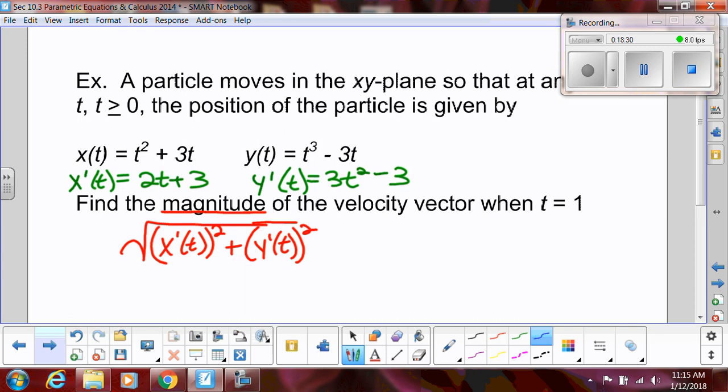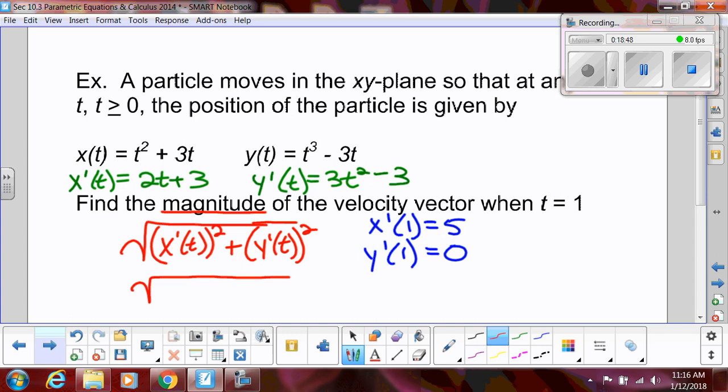If I plug in, x prime of 1 gives me 5. If I do y prime of 1, that'll give me 0. So using that in my magnitude formula, I'm doing 5 squared plus 0 squared. So the magnitude is simply 5.